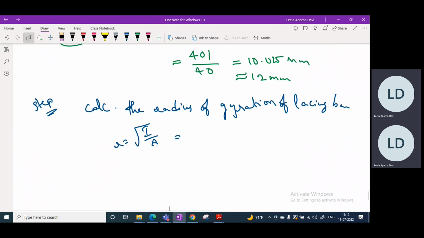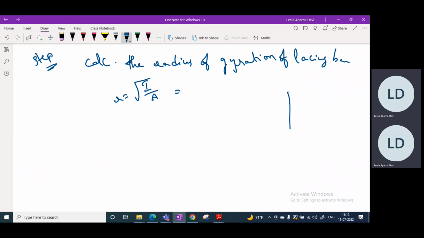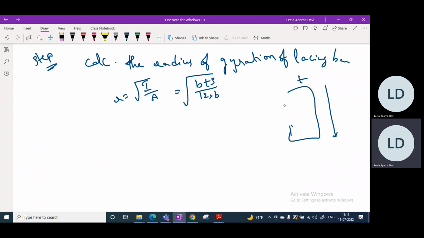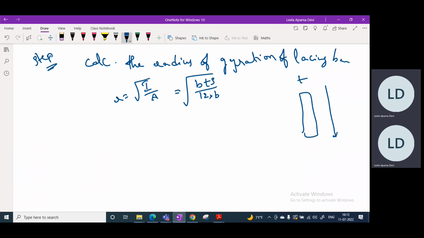As this lacing bar is a rectangular one, I equals b d cube by 12 and A equals b d, where d is the thickness and this is the width. This is the cross section of the lacing bar.